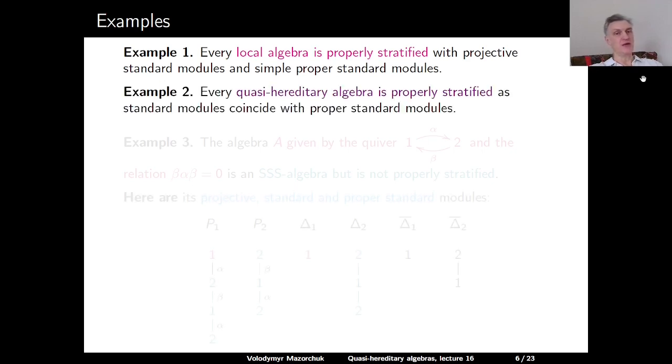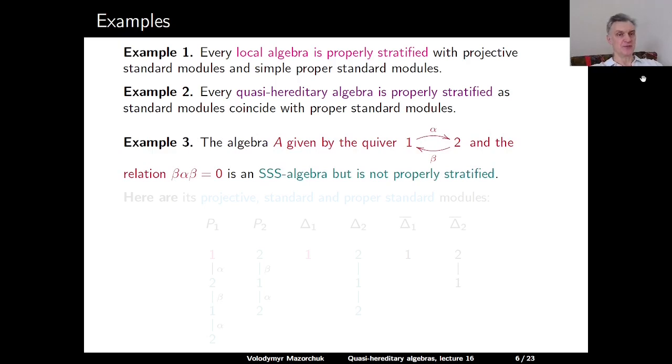Example 2: every quasi-hereditary algebra is properly stratified, because one of the definitions of quasi-hereditary algebras says that standard and proper standard modules coincide, and projectives have a standard filtration. So any quasi-hereditary algebra is properly stratified.